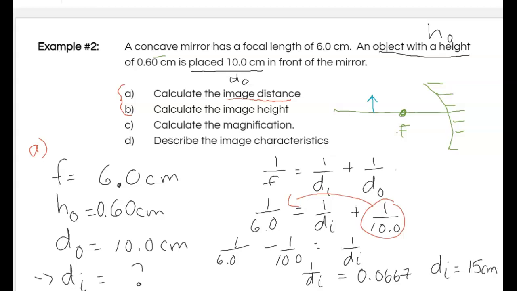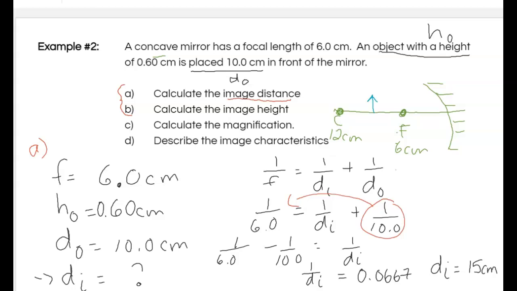That makes sense because if my focus is at 6 centimeters, then my center of curvature is going to be at 12 centimeters. That's C. It makes sense that if I have an object between C and F, my image is going to be behind C, which it is at 15 centimeters, right? 15 centimeters is beyond 12 centimeters. So hopefully you did okay with that.